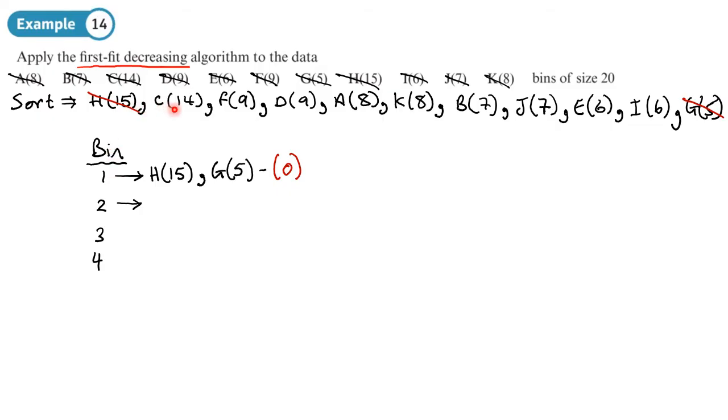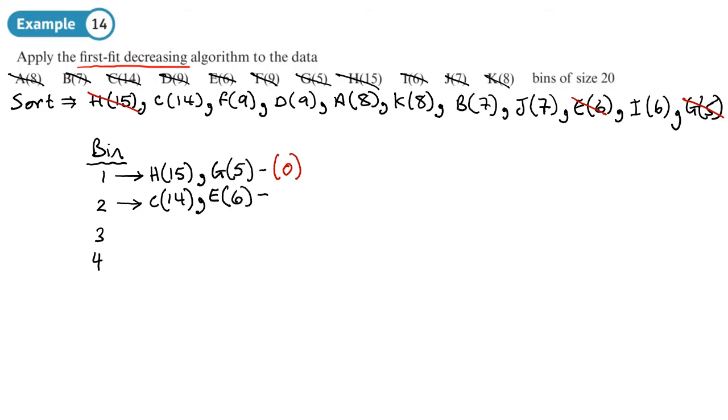Right, go back to the beginning of the list. So first fit, so we have to use the C first. Then we find the next item that will fit into that bin. So that's going to be E because of the order I've put them in. So E is going to go here.